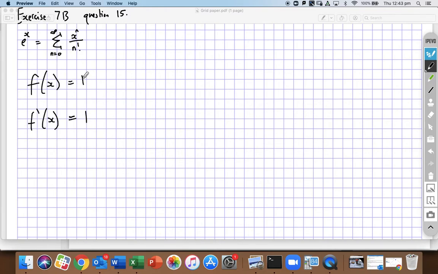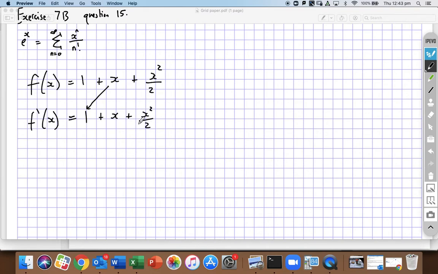So if the function equals 1 and I want to have a derivative the same as the function, but I can't get that 1 in the derivative from this number 1, I would need an x, right, to get that 1. But how would I get an x in a derivative? I'd need an x squared to get that x term. But if I take the derivative of x squared, I get 2x, so I would need to divide it by 2, right?